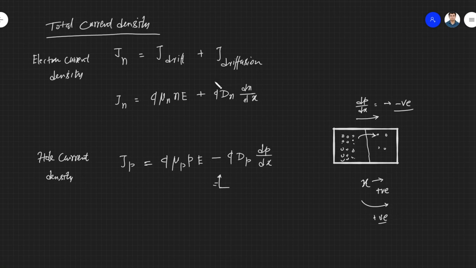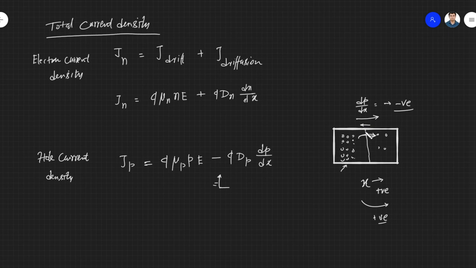But if you consider the electron situation, it is different. If you just flip the situation and consider these are electrons, then the electron concentration gradient in the positive x direction is negative, and the electrons will flow in the positive x direction, but the current direction will be opposite for electrons.